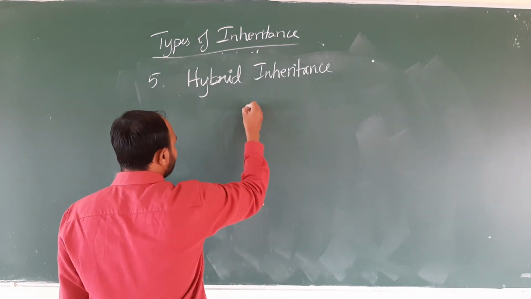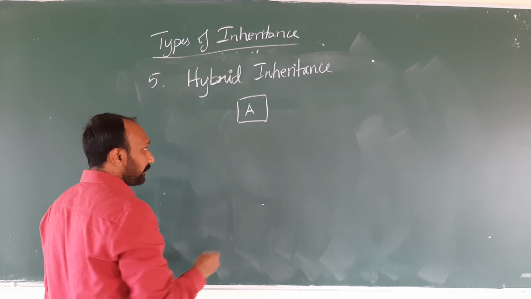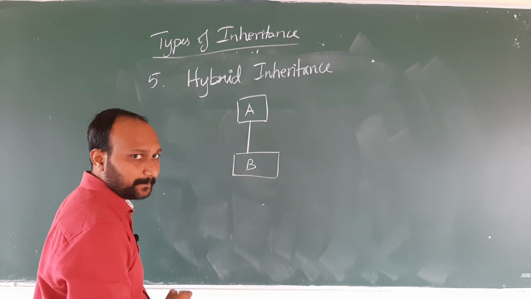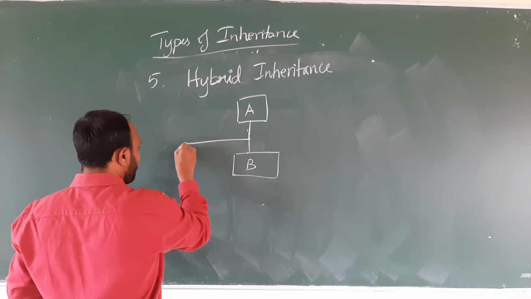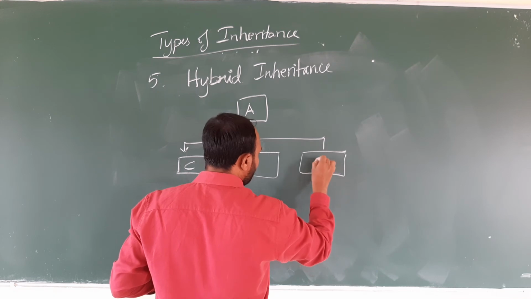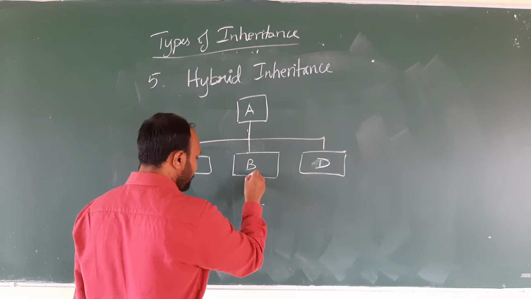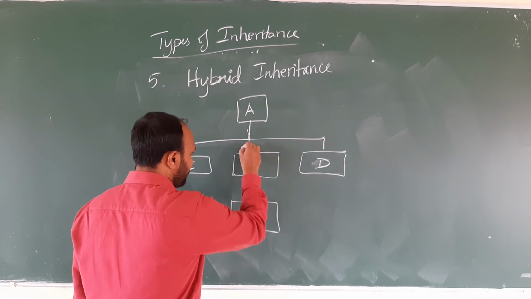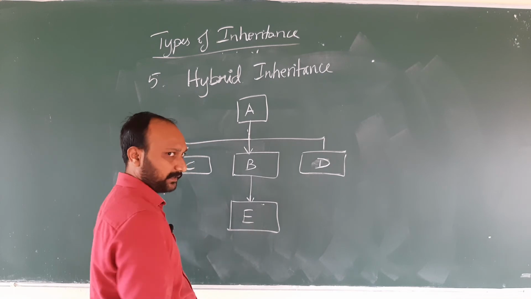Please notice here. Let us say that we have a base class A. From this base class, let us say we have class B, class C as well as class D. Again, from class B, let us say we have derived one more class, let us say E or F, something like that.